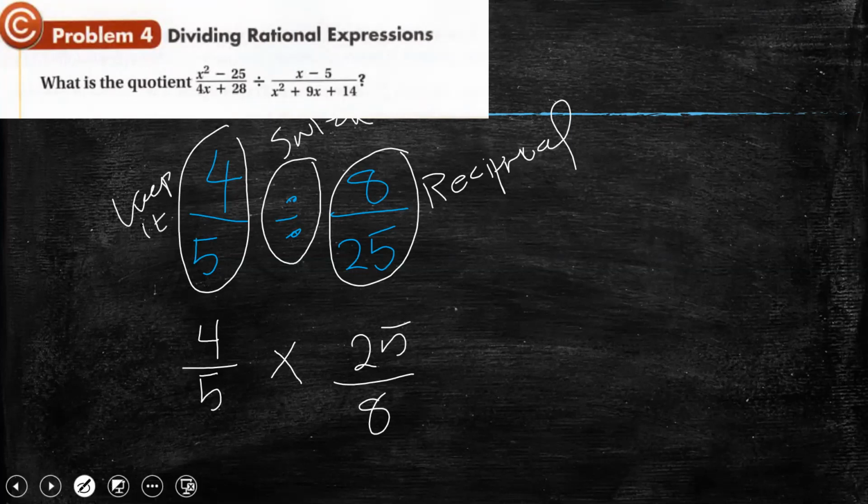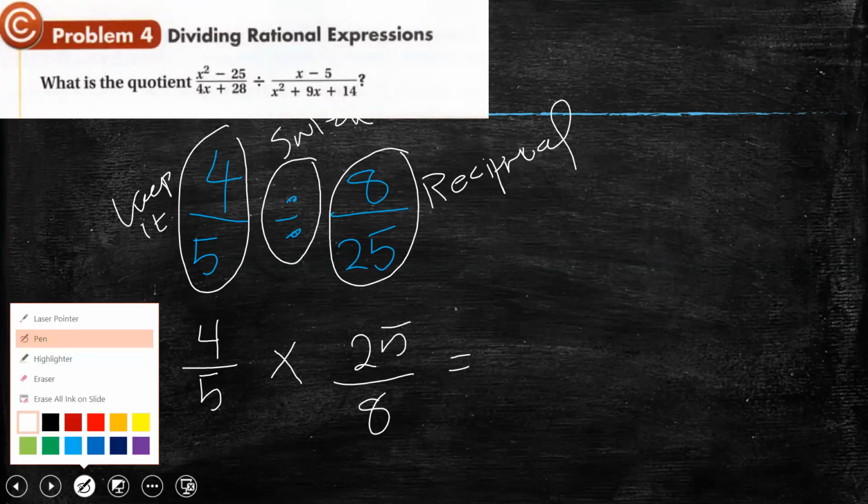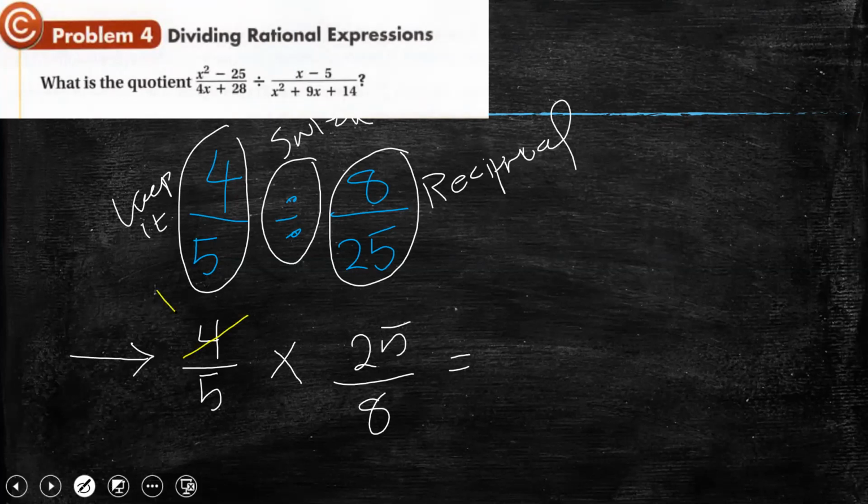So keep the first one as it is, change the division to multiply, and write the reciprocal of the second fraction. Then after that, we multiply: 4 by 4 is 1, 8 by 4 is 2, 25 by 5 is 5, 5 by 5 is 1. Then I have the answer 5 over 2. This is what we do when we divide numerical fractions.